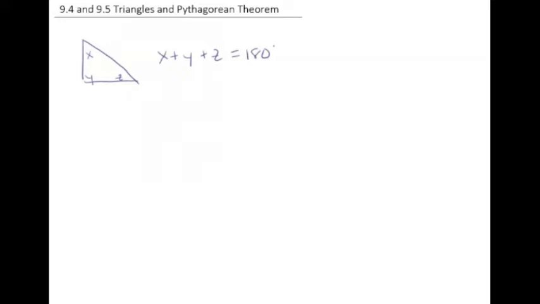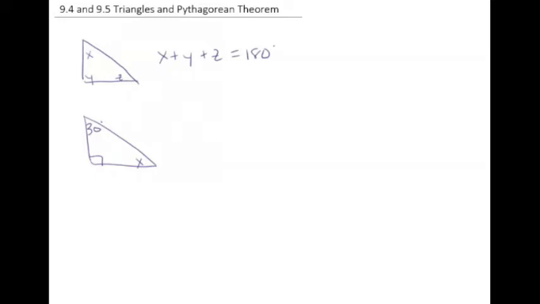It also allows us to find missing angles, and that's primarily how we're going to use it in this section. So, for example, if I have a triangle with a 90-degree angle and an angle that's 30 degrees, I could find the missing angle because I know that all three of these angles have to add to 180.